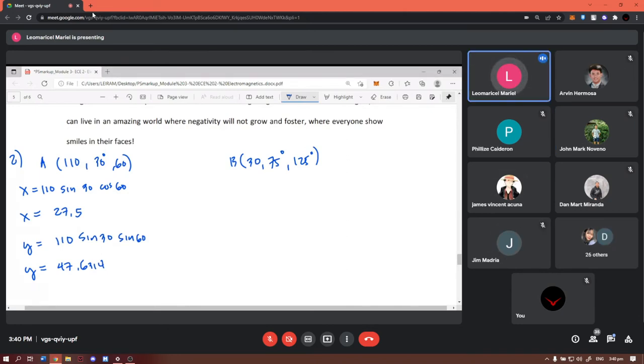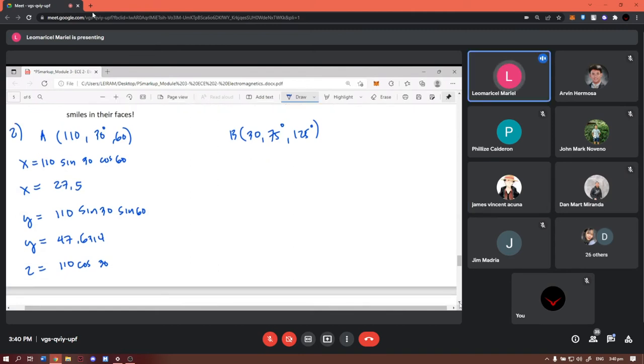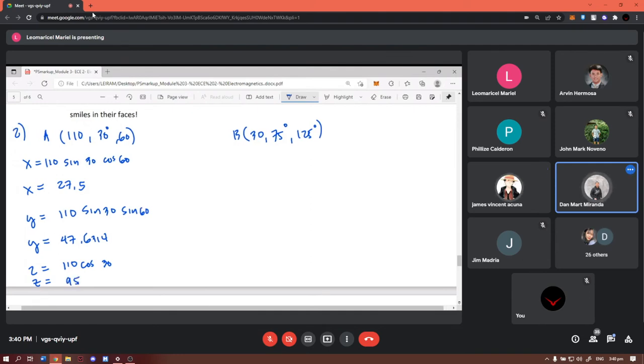Okay. And then, our Z is equals to 110 cosine theta, 30. Ilan ang ating Z? 95.2628. So for B, that will be 30 sine 75 cosine 125.